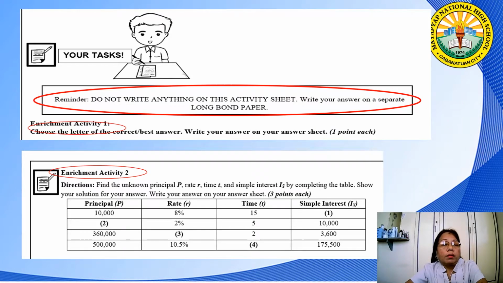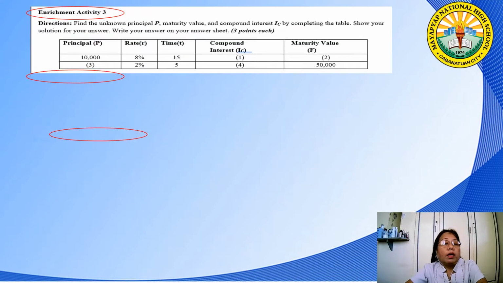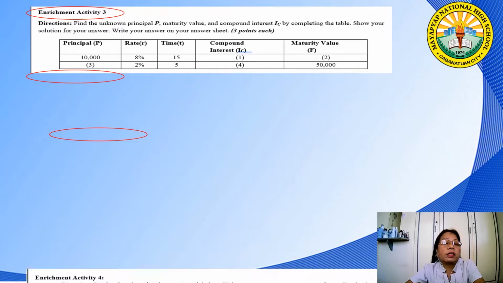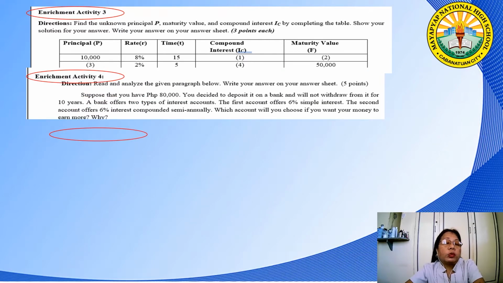For enrichment activity 3, you find the unknown principal P, maturity value, and compound interest by completing the table. Show again your solution for your answer and write your answer on your answer sheet, another 3 points each. And for enrichment activity 4, you read and analyze the given paragraph below, write your answer also on your answer sheet, then it gives you 5 points.